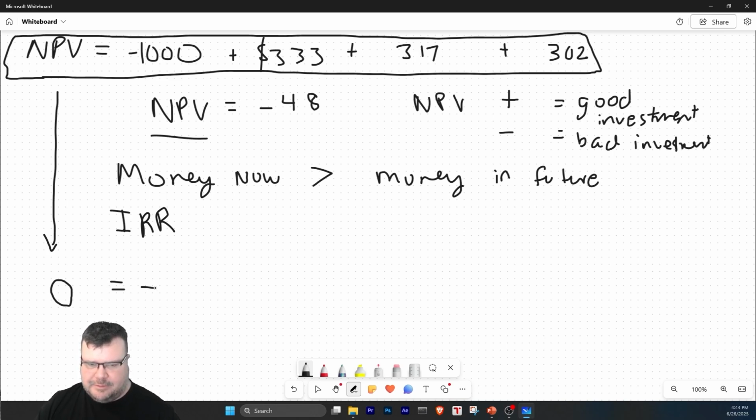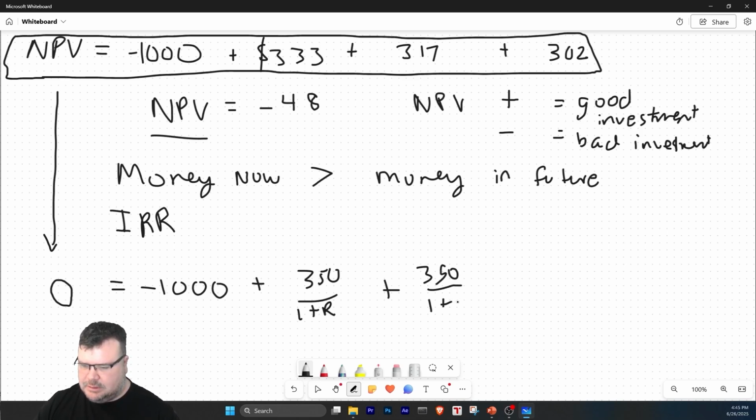That means we have minus 1,000 plus 350 over 1 plus R, plus 350 over 1 plus R squared, and then 350 over 1 plus R raised to the third.